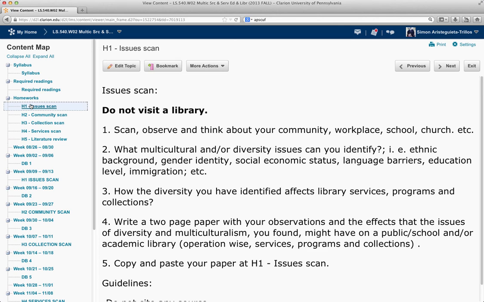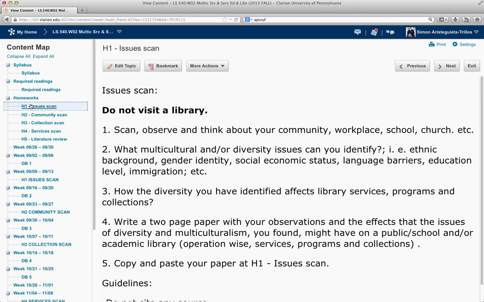Is the public library offering services and collections to every social economic status? For example, these are questions that may be present in your community, but you haven't thought about it. So this is a homework for awareness. I just pointed out some examples of what I see in my community here at Clarion, PA.